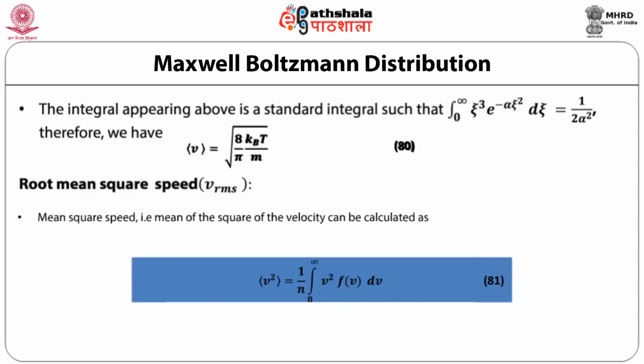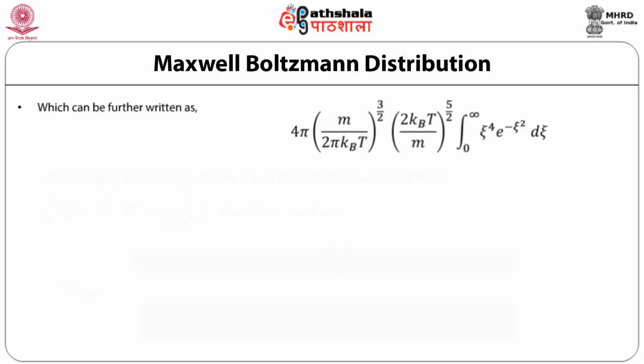Now the root mean square speed v_rms can be obtained, which is calculated as equal to the square root of 1/N times the integral from 0 to infinity of v² f(v) dv, which can be further written as 4π multiplied by (m/2πk_BT)^(3/2) multiplied by (2k_BT/m)^(5/2) times the integral from 0 to infinity of ξ⁴ e^(-ξ²) dξ.